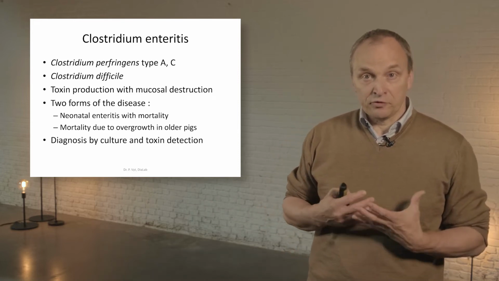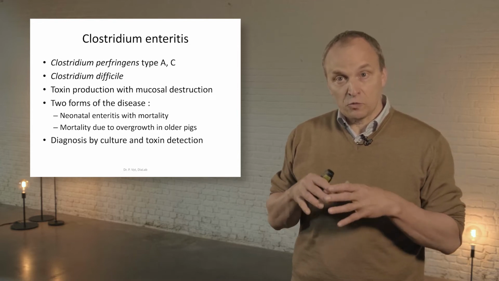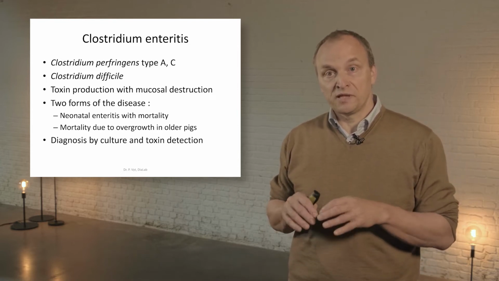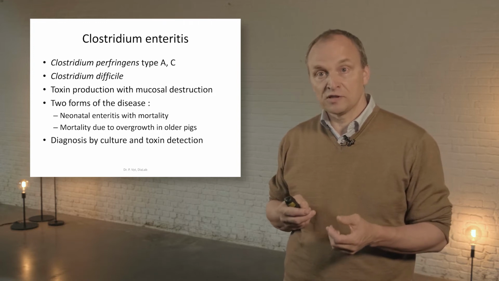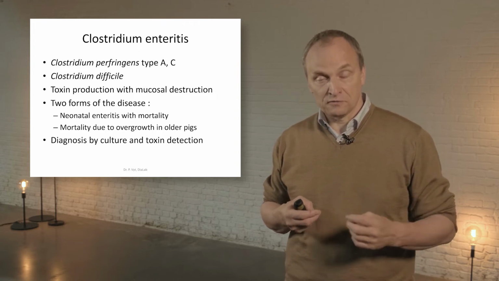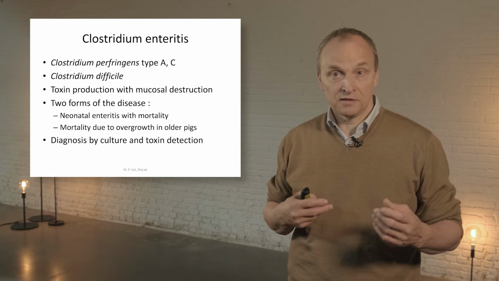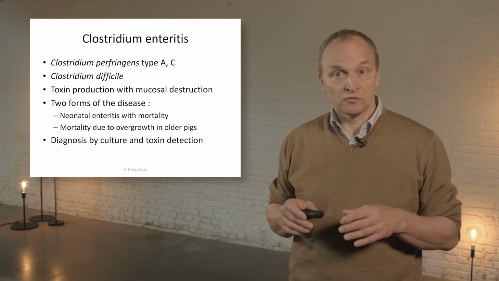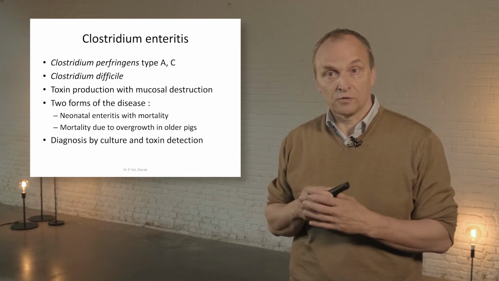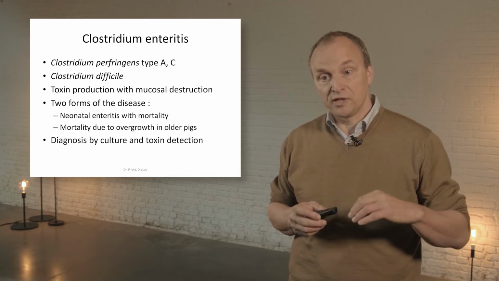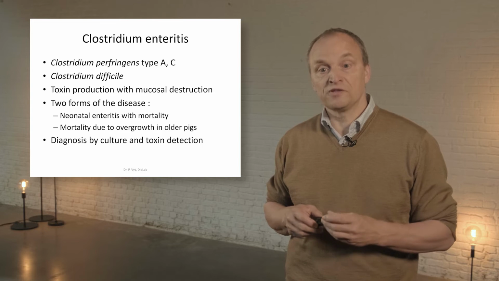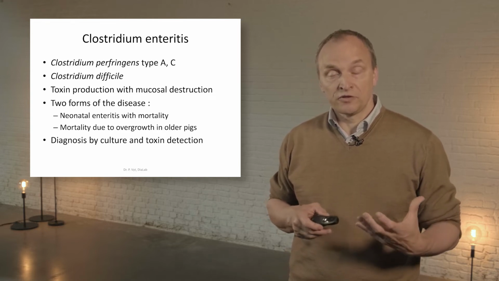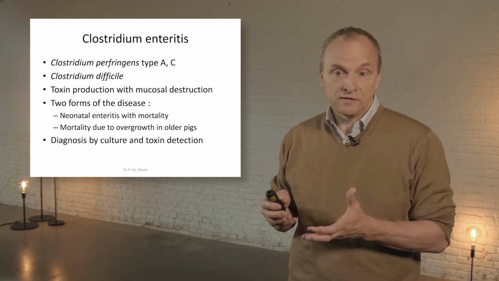Both bacteria produce toxins, and those toxins work on the intestinal mucosa, making small deletions in the mucosa. Then you have loss of liquid from the intestine and less resorption of nutrients. There is also a crust formed on those lesions, which impairs nutrient resorption. In Clostridium perfringens, we have two kinds of disease.